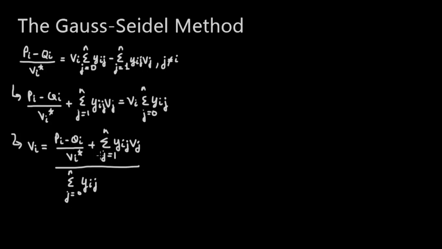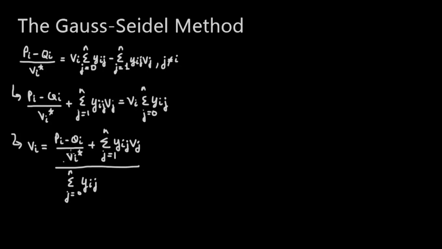We continue the process until we get a result that, quote-unquote, converges to a certain value, meaning the results from two consecutive iterations of this equation are pretty close to each other. So we know that we've reached the real value of the voltage at that bus. And of course we're going to do some examples just to illustrate that.